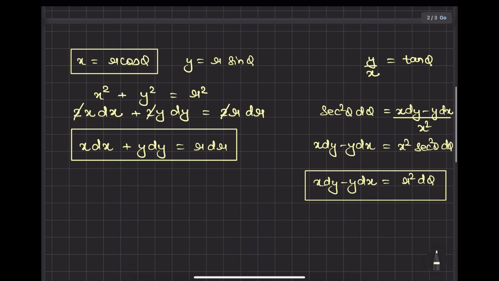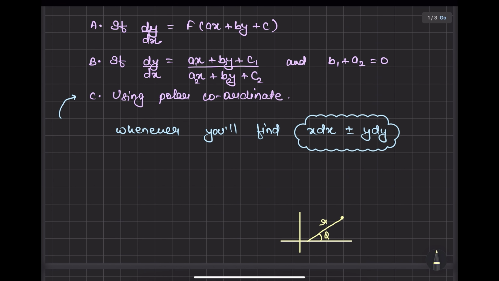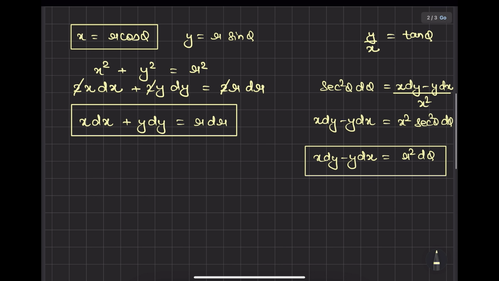Now let's try to conclude this part. What I have suggested you guys, whenever you will witness x dx plus or minus y dy, you have to apply this method to solve your question. If you have x dx plus y dy, you will be using sine and cos.